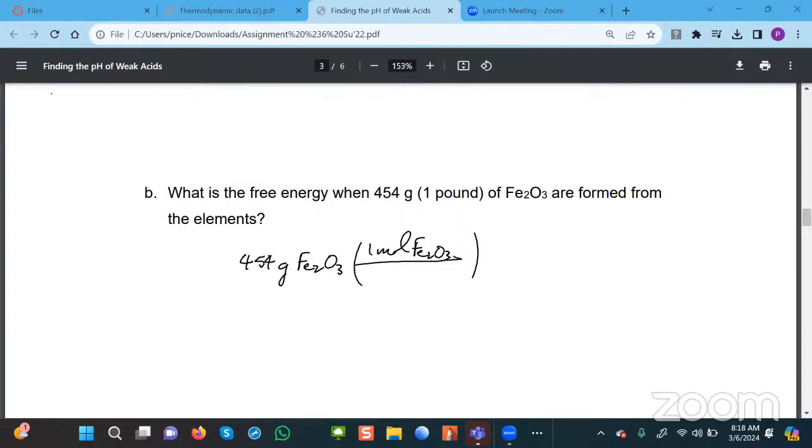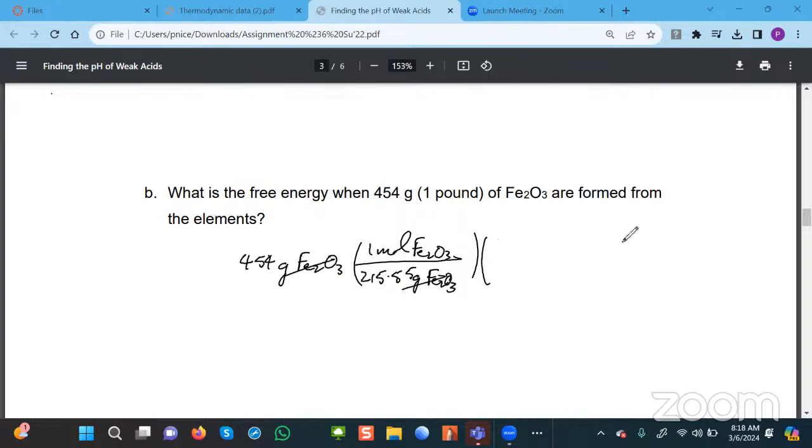Okay, so 55.85 times 3, and then I add to that 3 times 16, which is 48. So according to my calculation, the molar mass of iron(III) oxide is 215.55 grams of Fe2O3. So this goes with that.